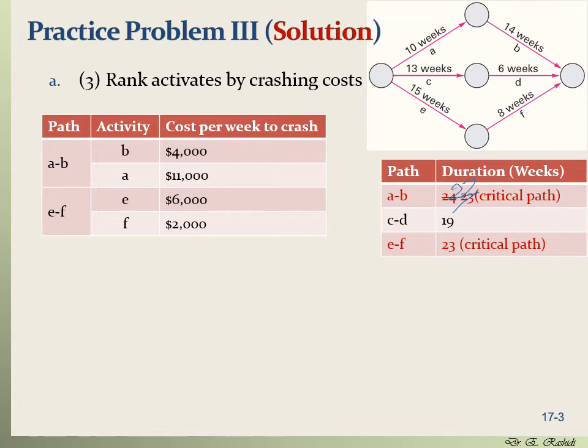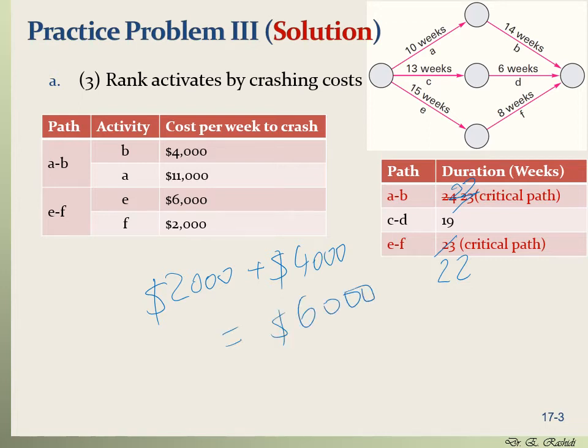So that would be 22 weeks for AB, and EF would be 22 weeks as well. And it's going to cost us $2,000 for crashing F plus $4,000 for crashing activity B, and that's $6,000. And by crashing the project by 1 week, we're going to save $12,000. So that's a total of $6,000 saving.